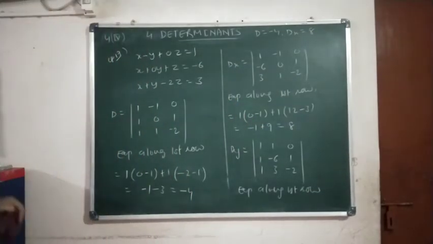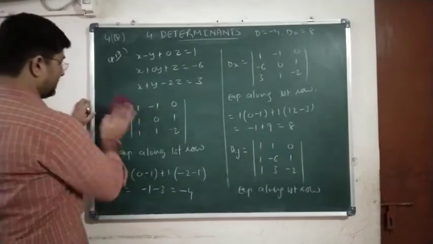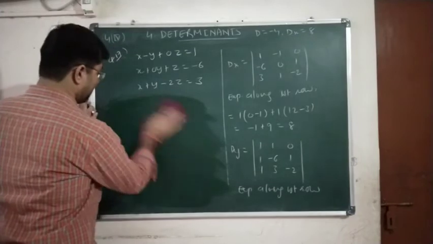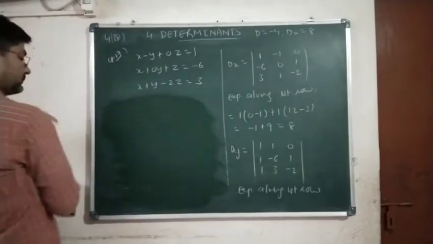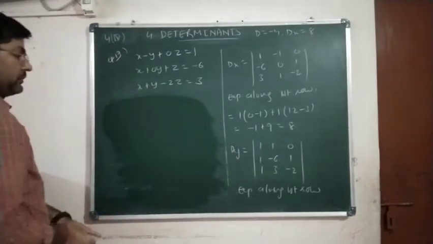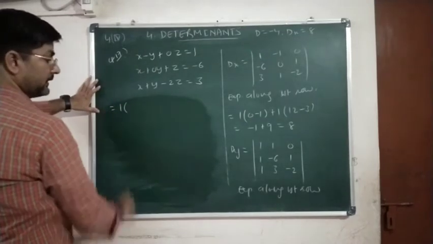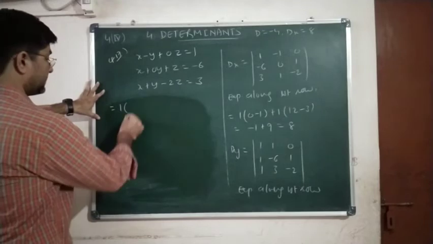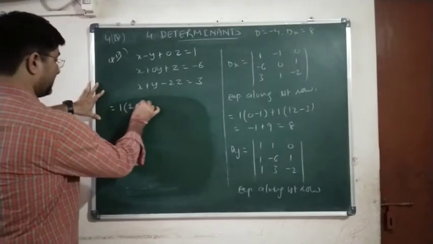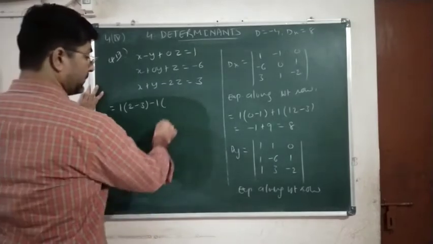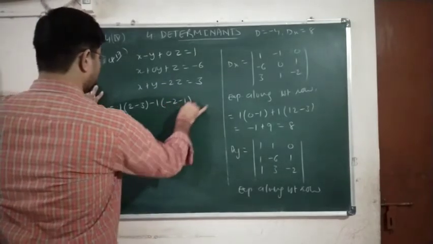So far we have got D and Dx. Now let us find out Dy and Dz. So 1 into (6 times 2, that is 12, minus 3) minus 1 into (minus 2 minus 1).